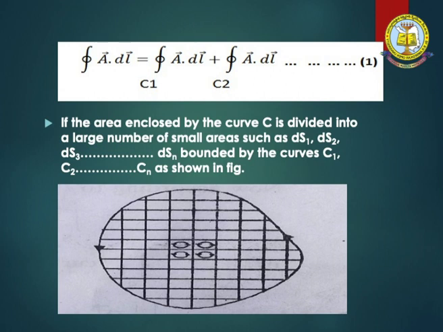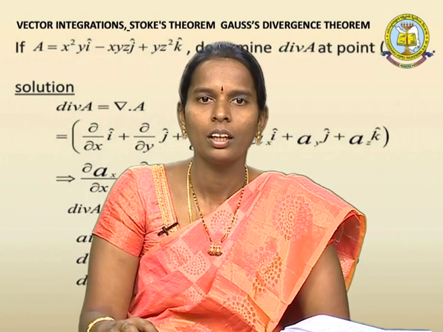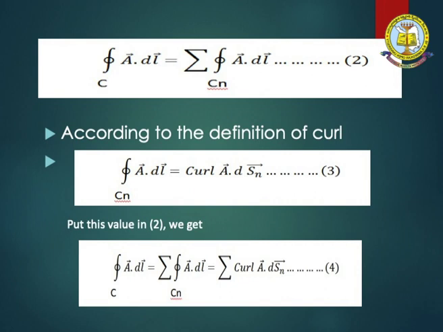If the area enclosed by the curve C is divided into a large number of small areas, such as ds1, ds2, ds3 up to dsn, and bounded by the curves C1, C2, C3 up to Cn, as shown in this figure, we can write this equation: the integral of A dl is equal to the summation of the integration of A dl, where the summation is over the number of curves, n from 1 to infinity.